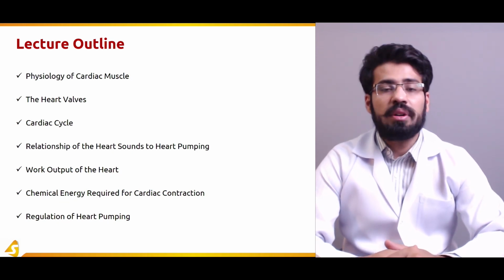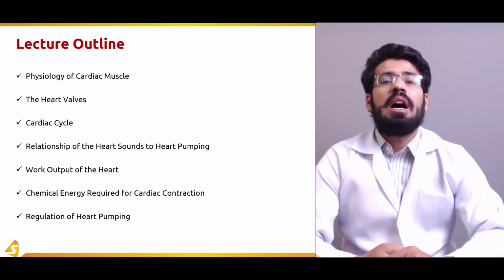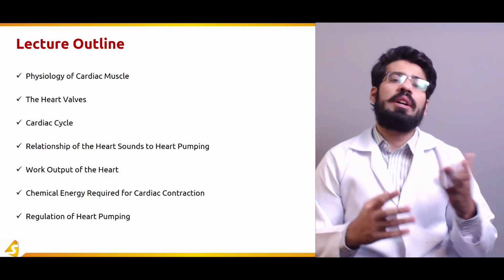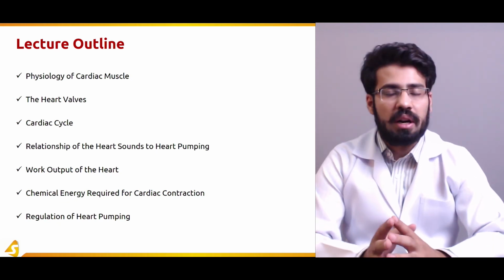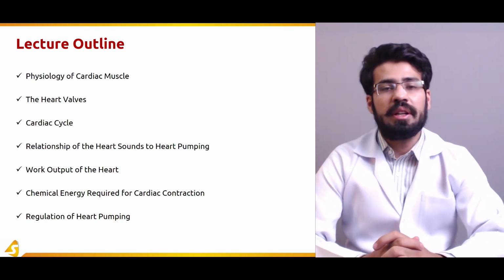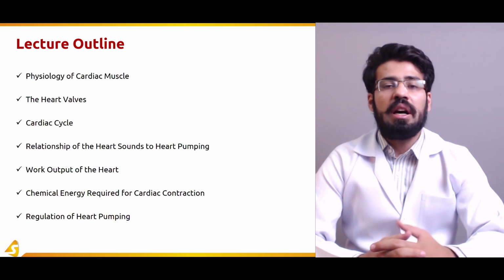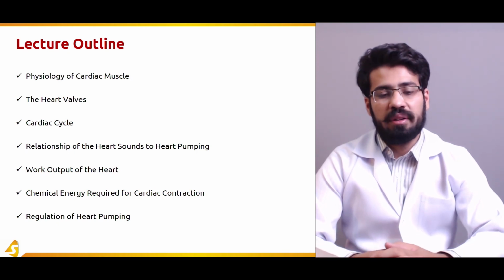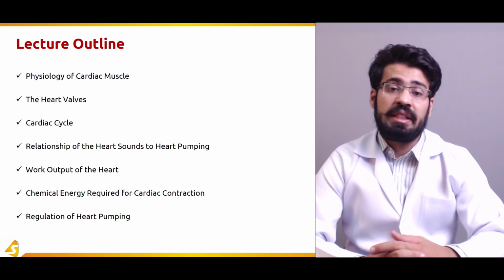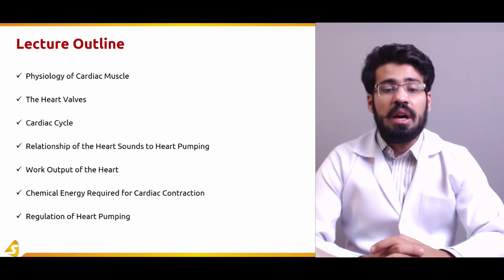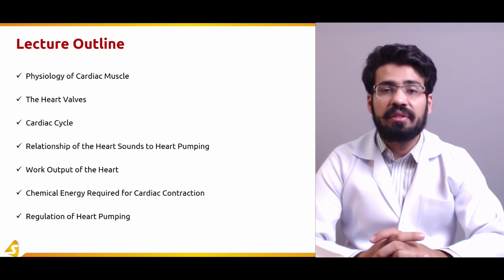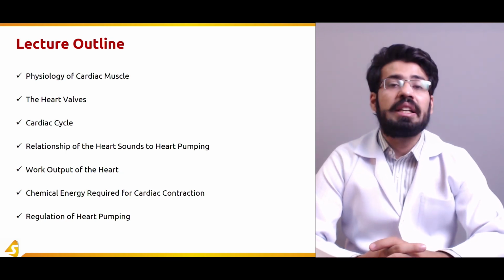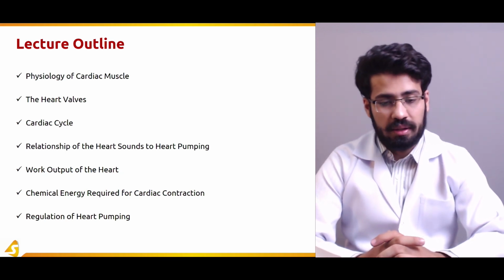This work output is then used to move the blood from the low pressure veins towards the high pressure arteries, and to accelerate the blood from the aorta and the pulmonary valves so that the blood can be pumped effectively. We have discussed that the maximum efficiency of the work output is about 20 to 25%. In case of heart failure or myocardial infarction, it decreases to 5 to 10%.